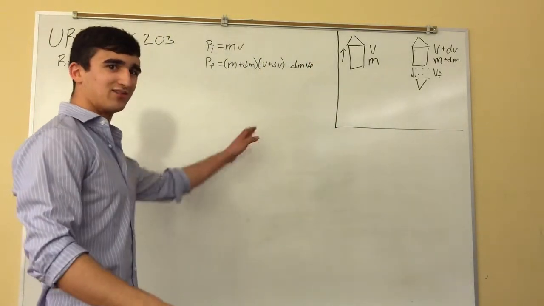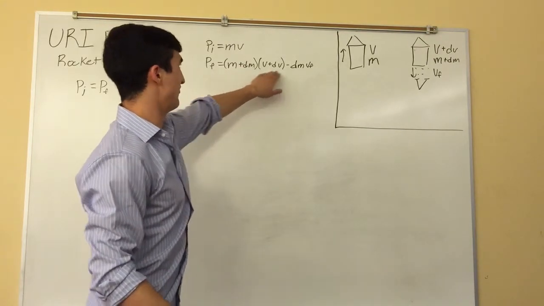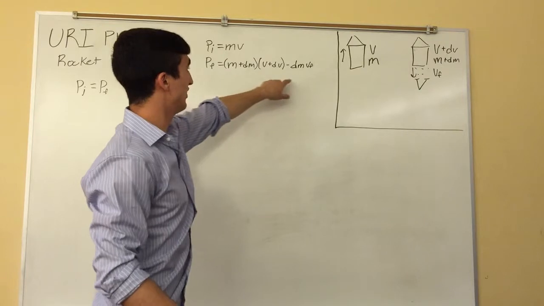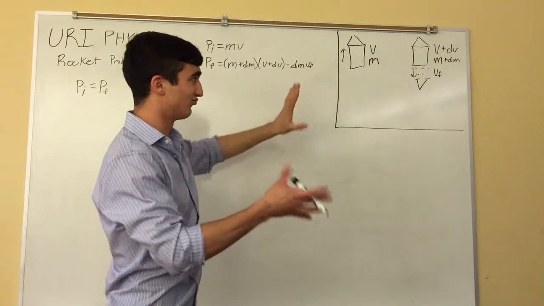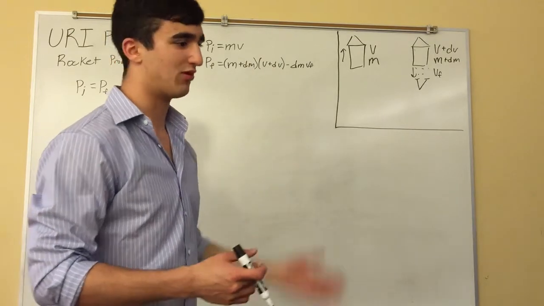Now don't ask me how to explain this per se, know how to do this. Think of this as mv, and you're just equating the two, and then you're subtracting the momentum that was lost from the particles leaving the system.